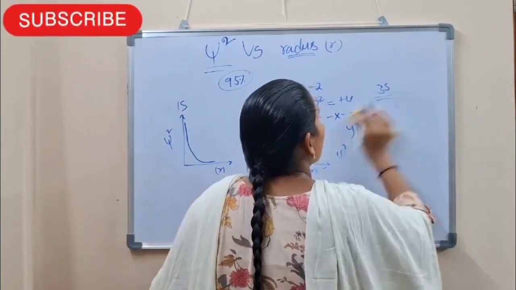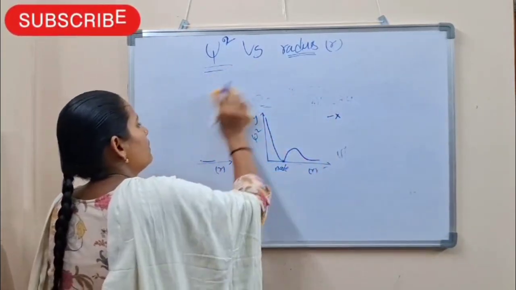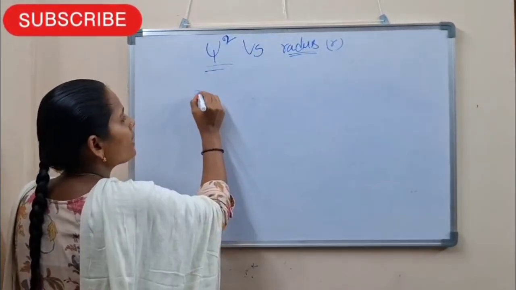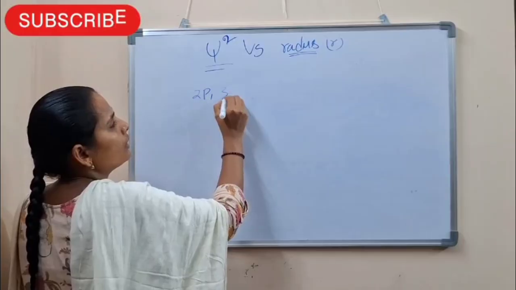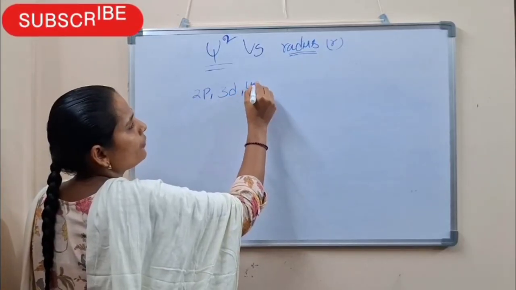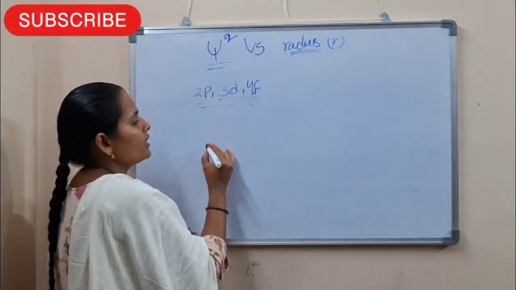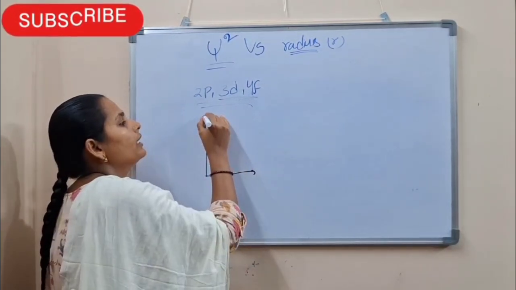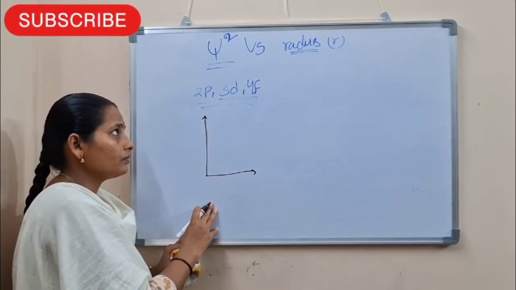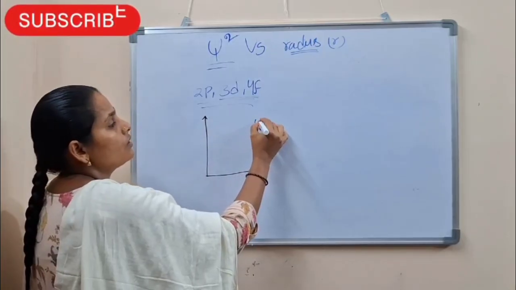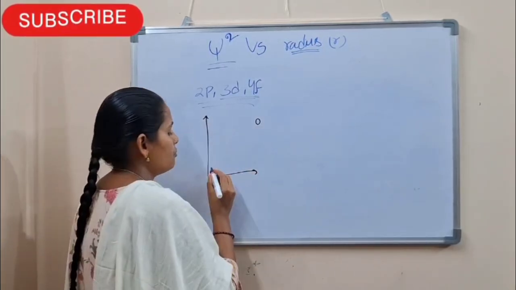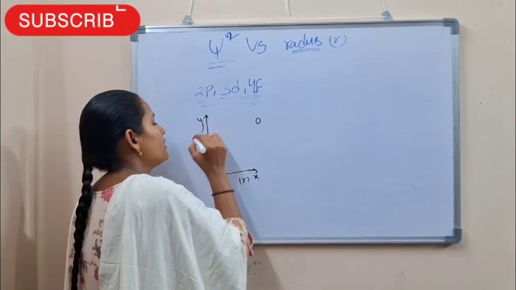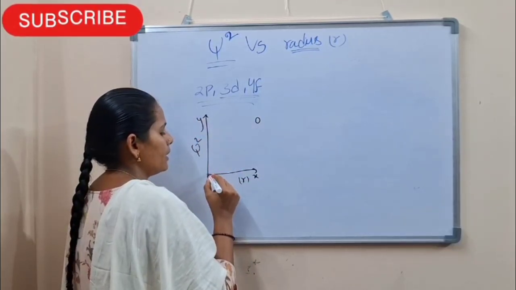Next, see the p orbital graphs. The graph for 2p, 3d and 4f. For all of these we represent one graph only, because there are 0 radial nodes. On the x-axis we take the radius and on the y-axis the probability density psi square.